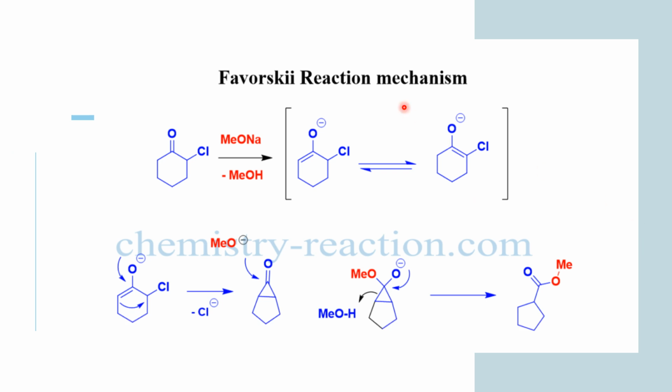So we have an alpha-haloketone and an alkoxide in the reaction medium. So what happens? The alpha-haloketone at first reacts with the alkoxide as shown here.